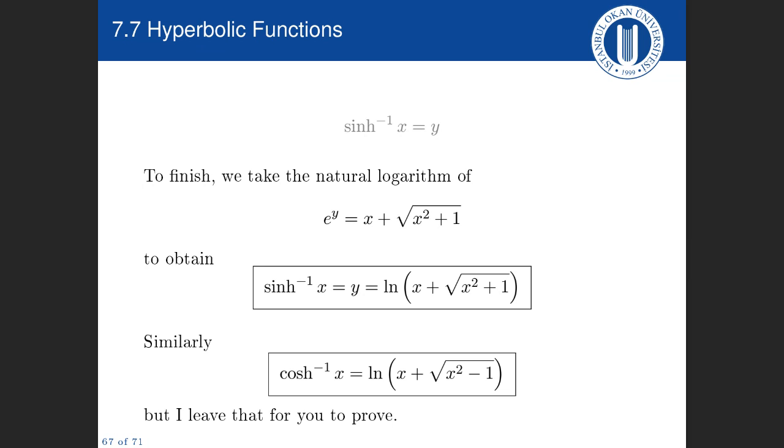There's a similar formula for inverse cosh, but I'm going to leave that one for you to prove. The only difference here is there's a minus sign instead of a plus. So if you did exactly the same calculation that I did, but starting with cosh instead, you'll see that the calculation is pretty much the same, except that you end up with a minus sign just there.